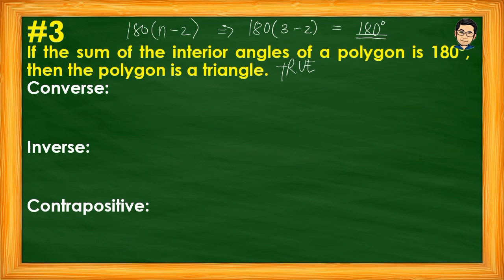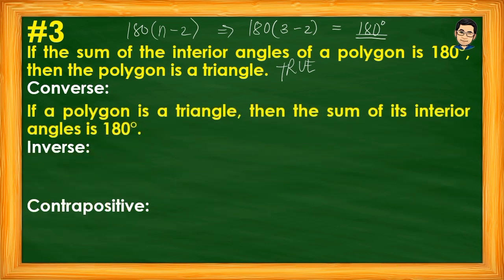Next, yung converse statement naman niya, if a polygon is a triangle, then the sum of its interior angles is 180 degrees. Okay, so kung yung ating given polygon daw ay triangle, ang kanyang mga interior angles may sum na 180 degrees. So this is also a true statement.